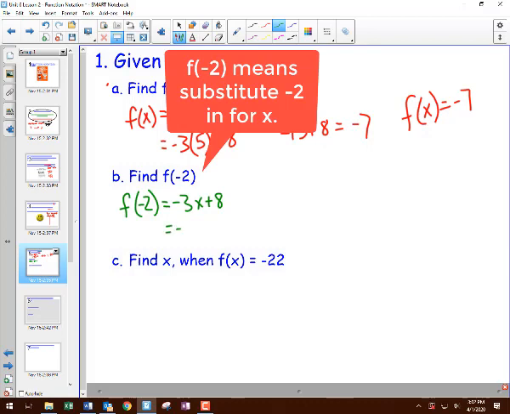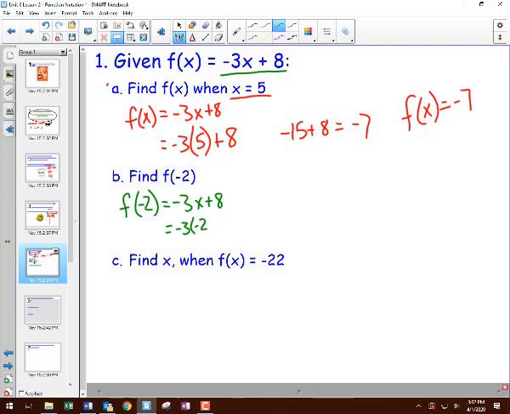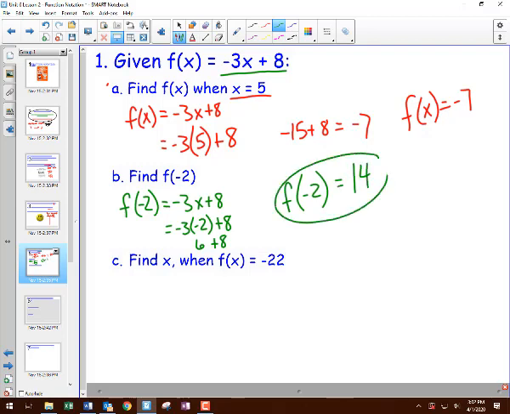So now we'll go negative 3, use these parentheses, put a negative 2, and then solve. Negative 3 times negative 2 is 6, plus 8. Our answer should be 14 there. So f of negative 2 will equal 14.